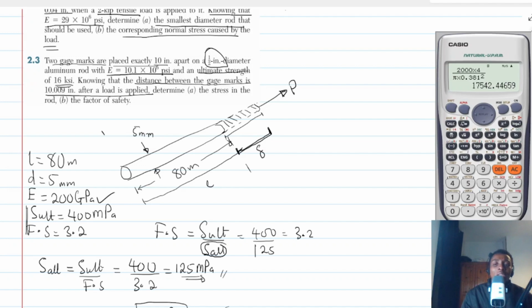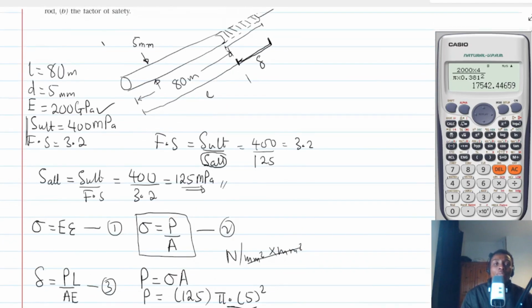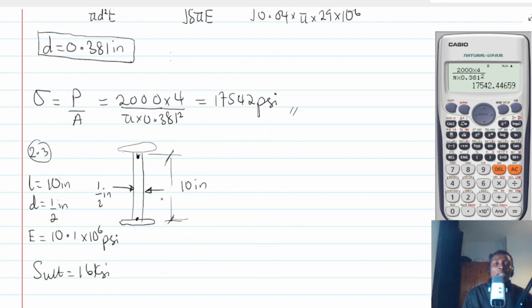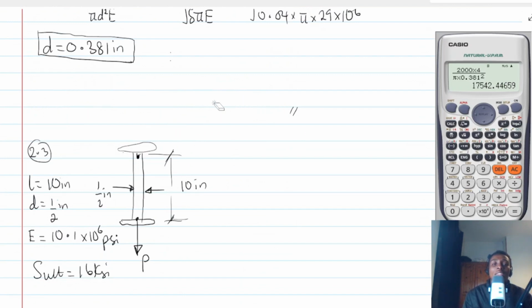So what do you think? We started with a gauge length of 10. Now we applied the tensile load, so this is how it actually works. When you go to the tensile test machine, this will be stretched. You place your member inside, and there will be a load going up and one going down of the same magnitude, and there will be that stretch.